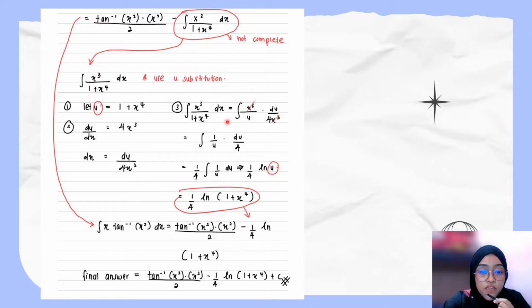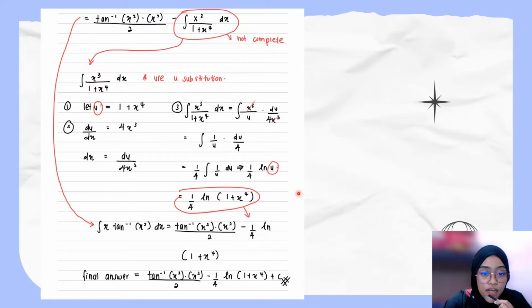After we simplify this, we get the integral of 1 over u du over 4, which is 1 over 4 times the integral of 1 over u du. After we integrate 1 over u du, we get ln u. So if we write it again, we get 1 over 4 ln u.